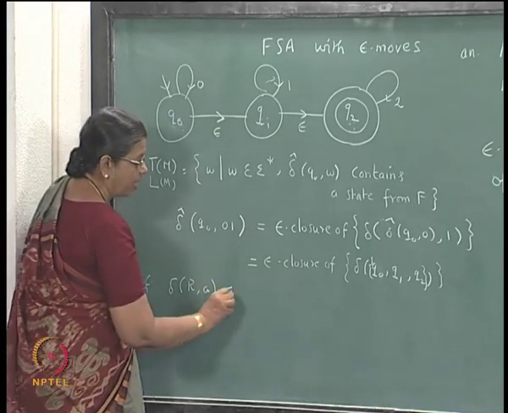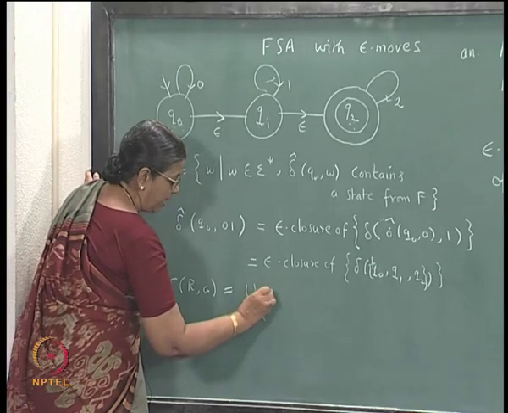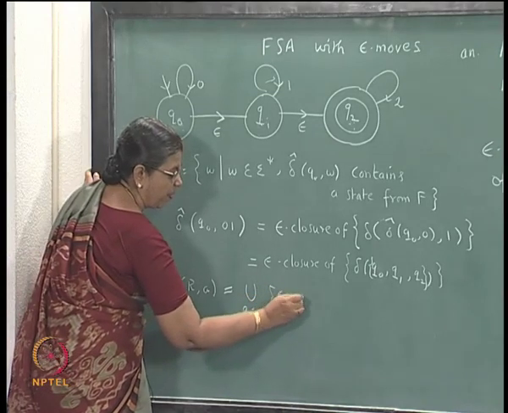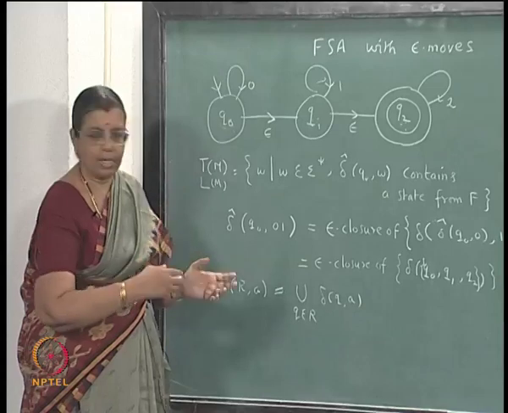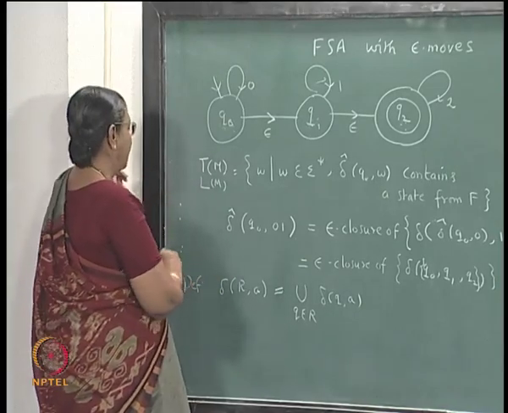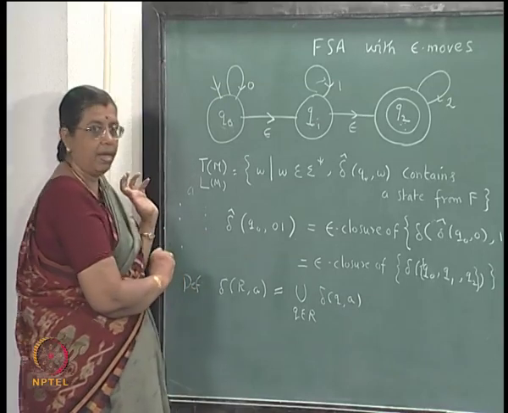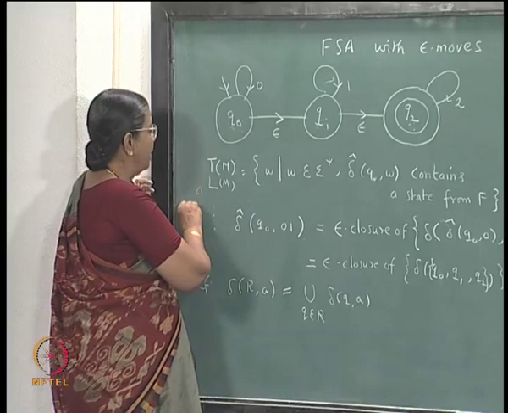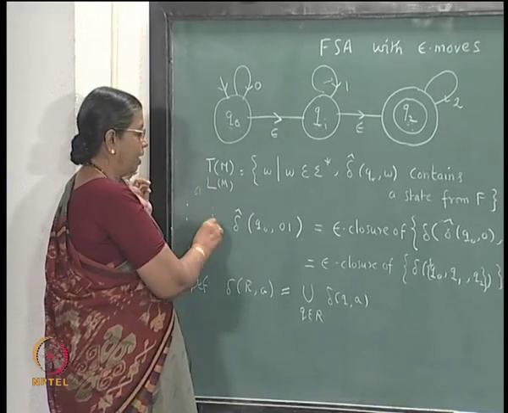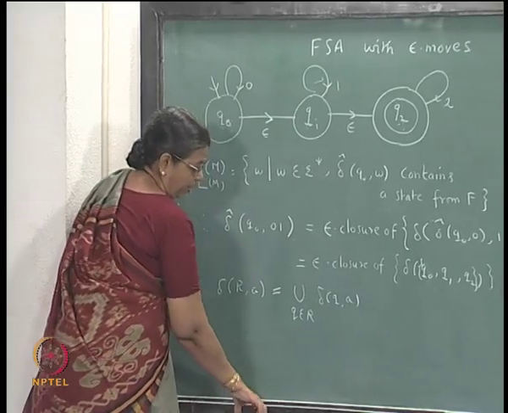Delta of R A is the union of Q belonging to R delta of Q A. If you have a set, initially you can be in a certain set of states. After reading A, what can be the set of states in which you can be? Starting from this, what are the states? Starting from this, what are the states? Starting from this, what are the states? So, find the union.